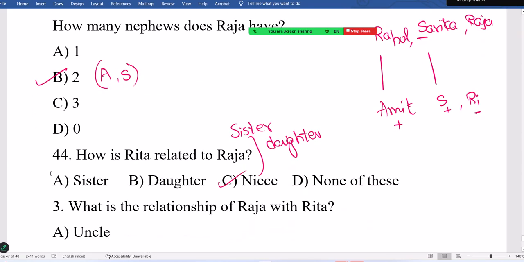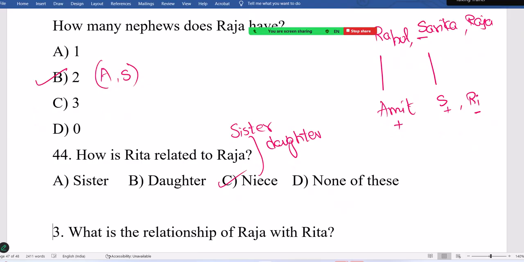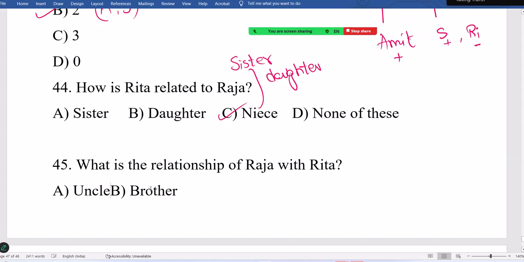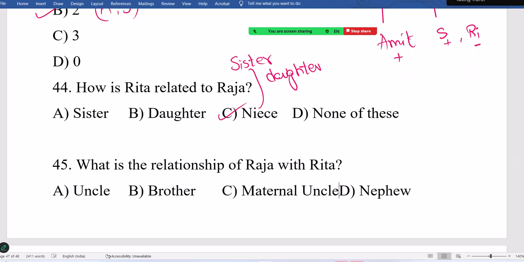Whereas the other question here, what is the relationship of Raja with Rita? For Sonu, Raja is maternal uncle. For Rita also maternal uncle only. Uncle, or to be specific, maternal uncle also, but yeah, they given maternal uncle. They should not give both actually. When they mention maternal uncle, no need to mention the other.